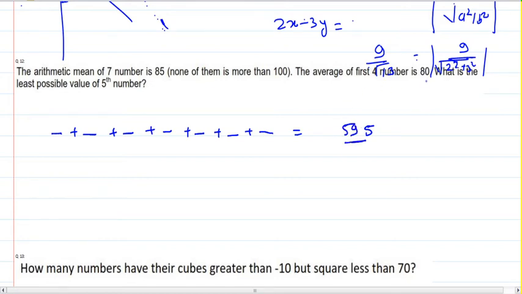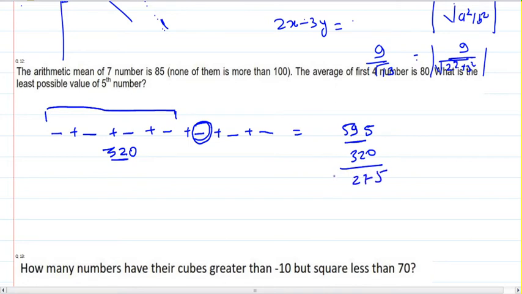The average of the first 4 numbers is 80. So first, second, third and fourth. Their average is 80. That tells me their sum is 320. Now, we want to know what is the least possible value of this number. So this seems like a fairly easy problem. If I subtract 320 from here, I've got 275.